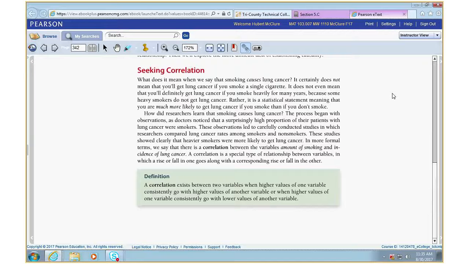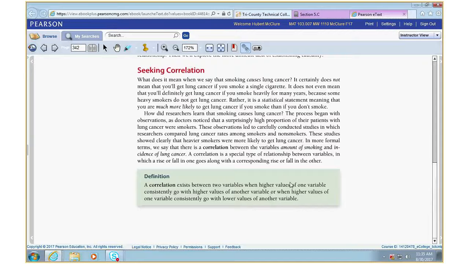Gas mileage. Okay, so that's the correlation. And here you're going to be dealing with whether you have a correlation or not. There's 3 choices: yes, no, and no evidence. Okay, in other words, you can't tell. It's constant.